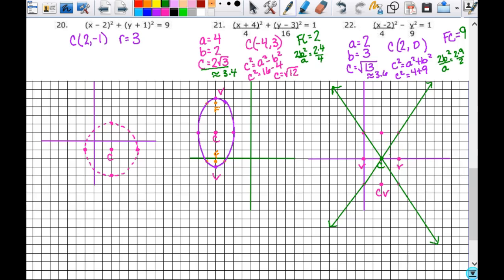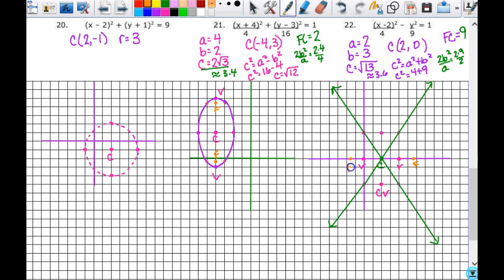Now I need to go in here and graph my focal points and the endpoints of the focal chord. So from the center, the C gets me to the focus. So it's about 3.6. So go 1, 2, 3.6. That's a focus. From the center, 1, 2, 3.6.